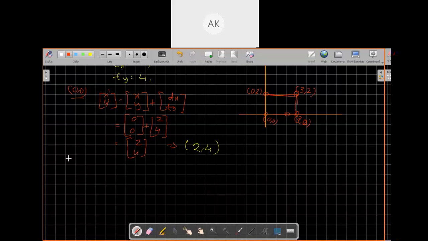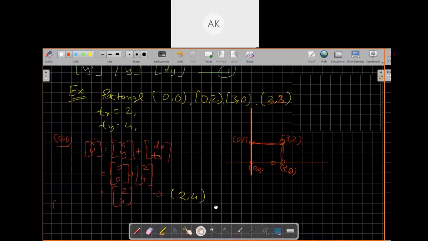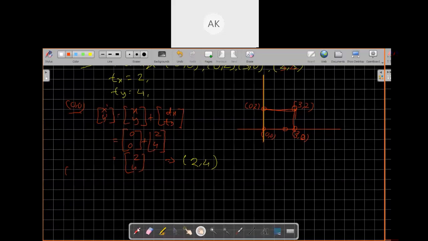Let's put in the values. x, y, the current position, is 0 0, and tx is 2 and ty is 4. 0 plus 2 is 2, 0 plus 4 is 4. So after translating this point, the new position is 2 4.